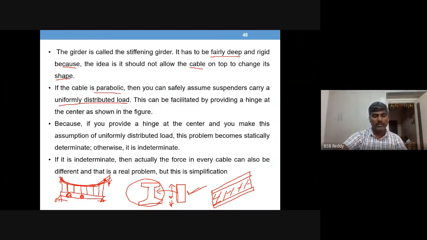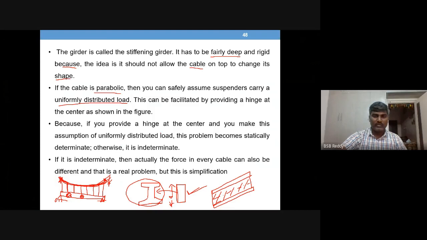The load from the girder is transferred to the suspenders, which in turn transfer the load to the cable, and the cable to the supporting tower. The hinge support is tied to the tower, and the girder also partially rests on the supporting tower. This is how a typical cable-stayed bridge will be.